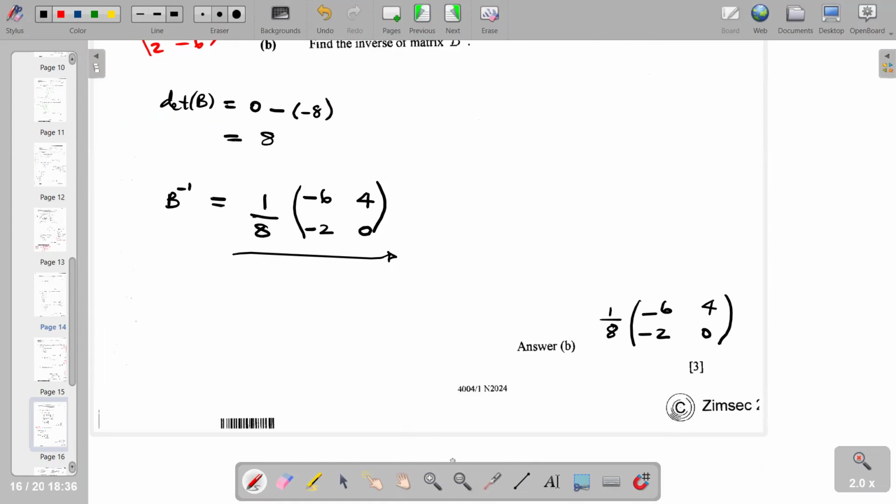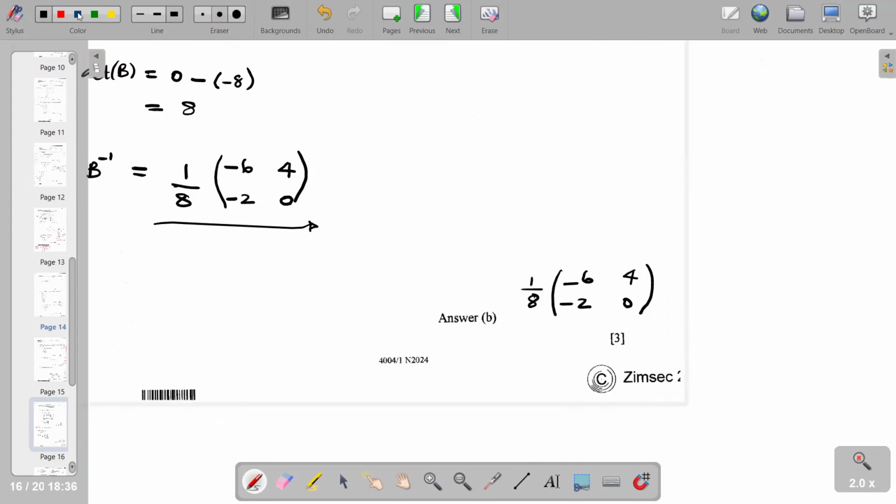Alternatively, the inverse can be written in an already simplified form, meaning you multiply. So multiplying this one by this, it's gonna be minus 3 over 8. This one multiplied by this, minus 3 over 4.